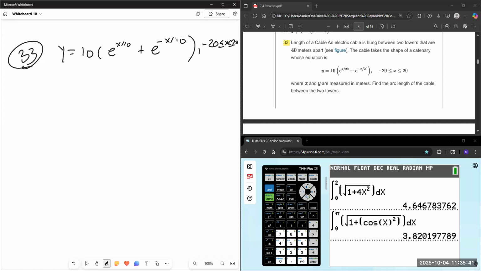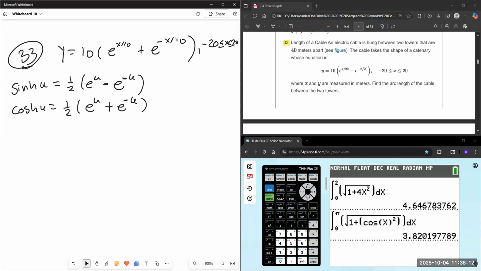Hyperbolic sine of an argument u is equal to 1/2 of e to the u minus e to the negative u, and hyperbolic cosine of u is 1/2 of e to the u plus e to the negative u, or you can do e to the u minus e to the negative u over 2 if you prefer, and e to the u plus e to the negative u over 2. Those are important functions for us to know later in math.